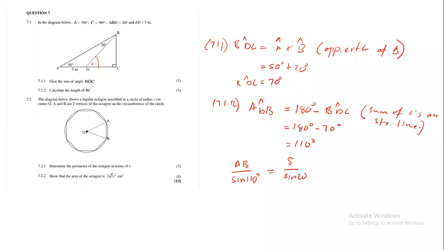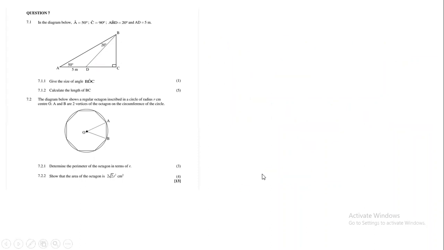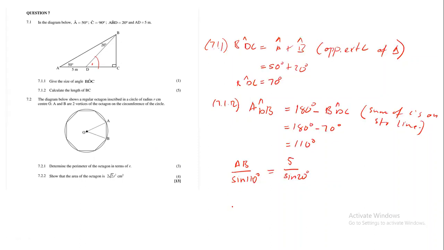Sine 20 degrees. And if I'm going to multiply both sides because I want to solve for AB, I'm going to multiply both sides by sine 110 degrees. That means on this side of the equation I'm going to have AB is equal to 5 sine 110 degrees divided by sine 20 degrees.